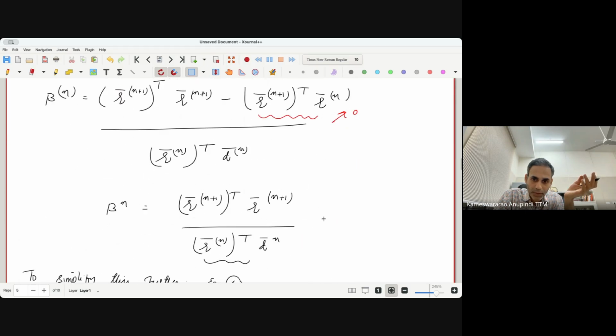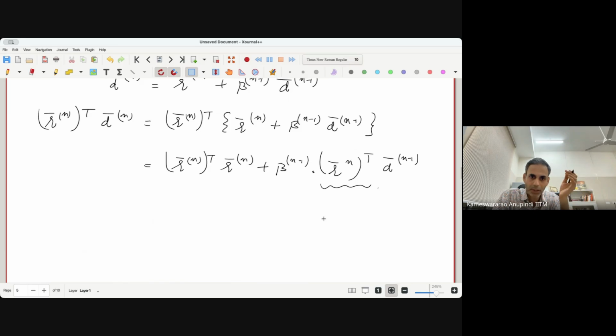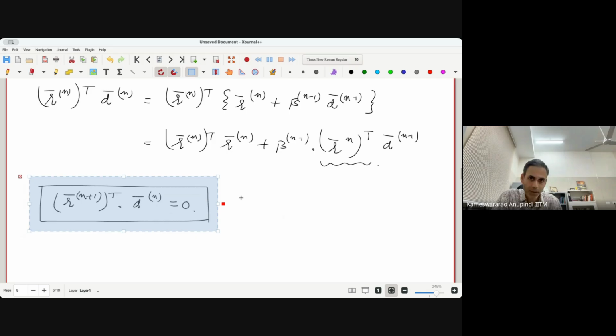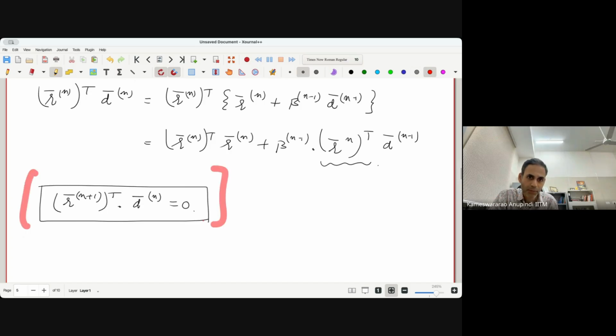So let me put that here. This is what we have from the previously established calculations. So I can write this for one step before, by changing n plus 1 to n, and then D n to D n minus 1, right? I'm just replacing n with n minus 1, which is going to give me n here and n minus 1 here.